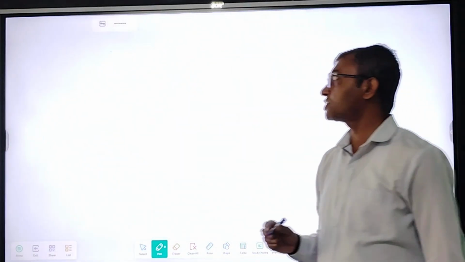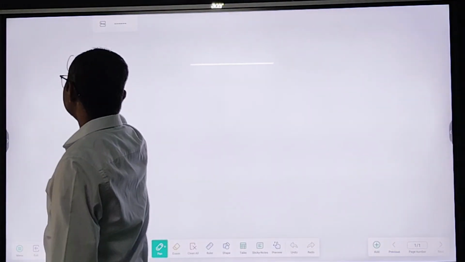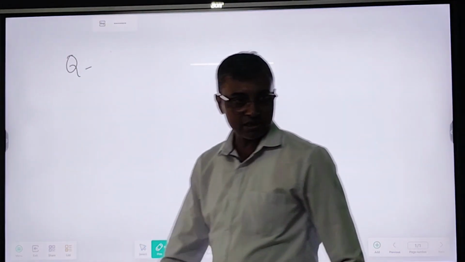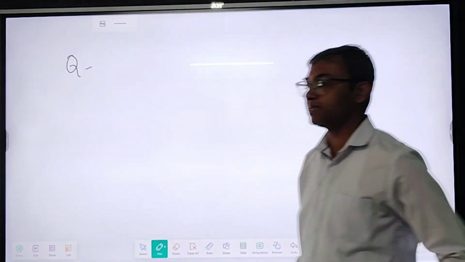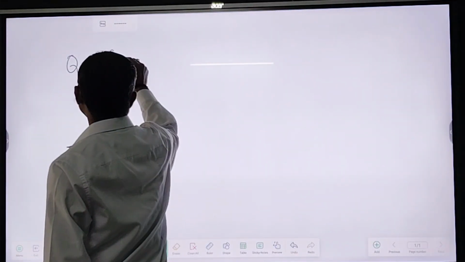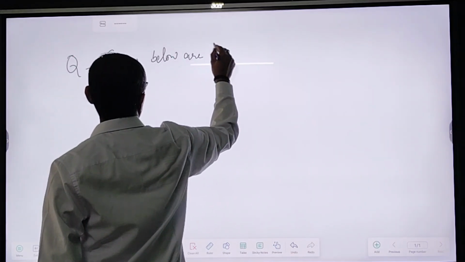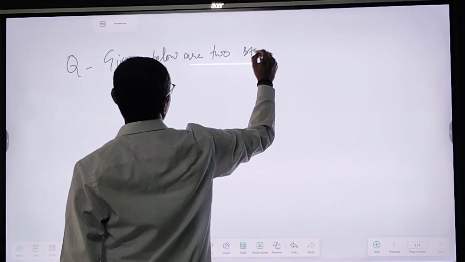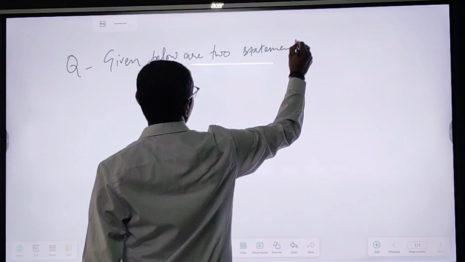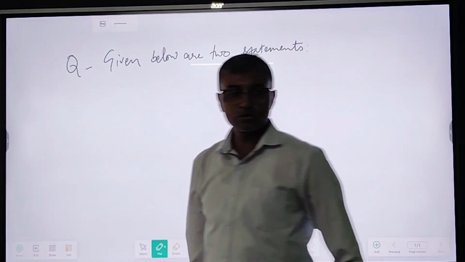So what does this question say? Given below are two statements. What are those two statements?